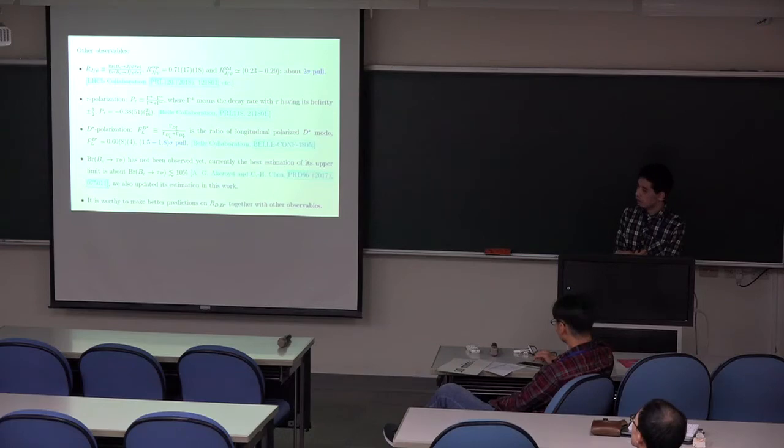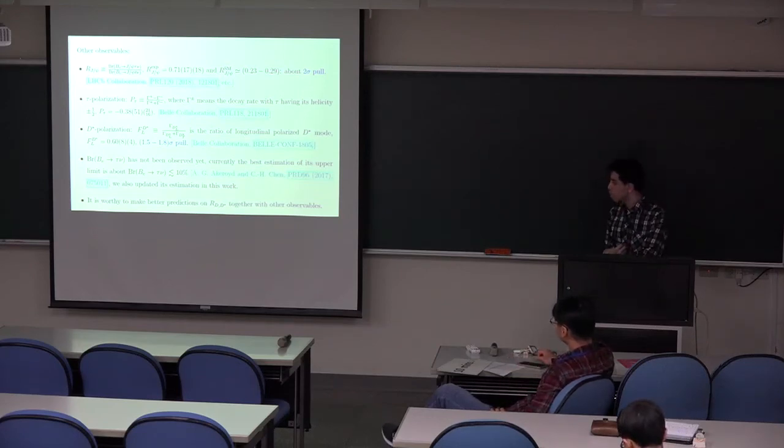This can of course be used to constrain the b to c tau nu vertex, and the best prediction till now puts the limit at about 10%. In this work, we also update this estimation of the bound.